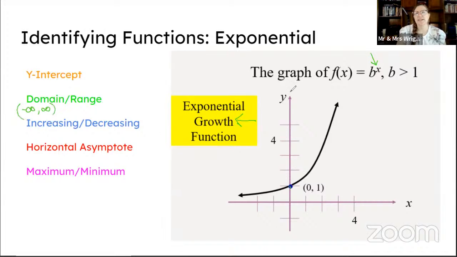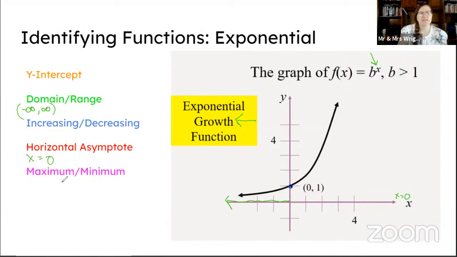The range, is there anything that it cannot be with the range? Any y's? Do you remember with exponential functions, if there was a limit to our y's? Well, there is. There's going to be a horizontal asymptote. In this particular graph function, it's going to be 0 here. Oh, look, it says horizontal asymptote right there.